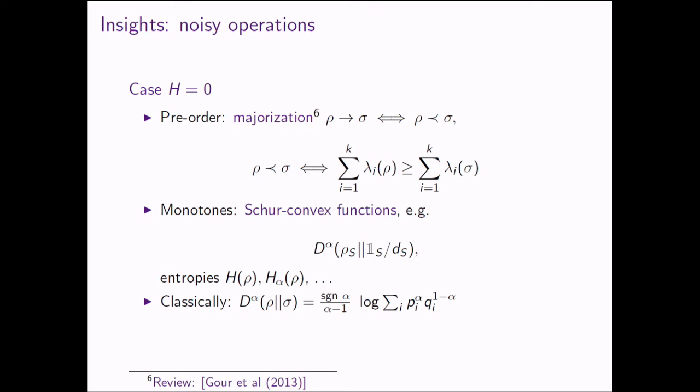For the others, this is almost like an asymmetric kind of distance measure. Okay? It's not a distance because it's asymmetric, but it acts like this. So it's a monotone under these operations, and the more similar that rho is to the state on the right, then the smaller this is, or the bigger.